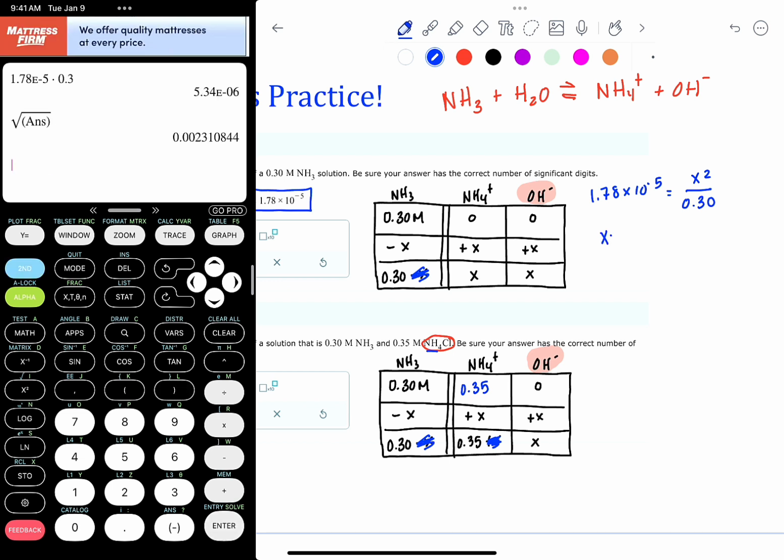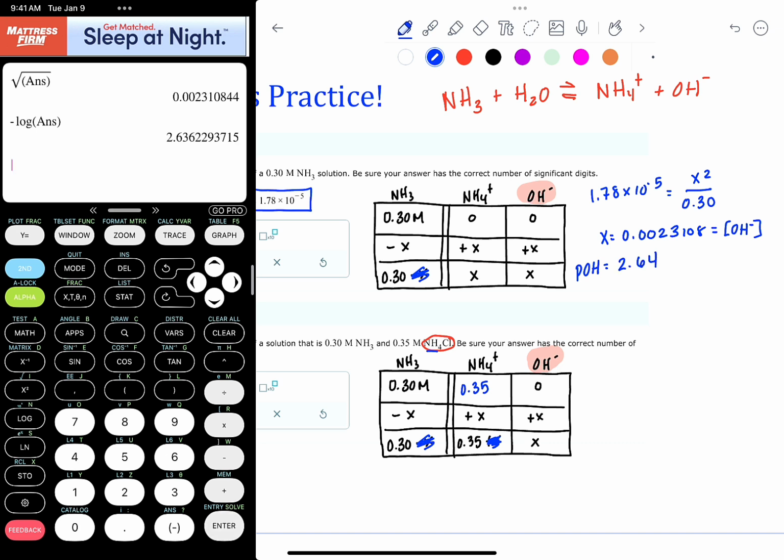We get an x equal to 0.0023108, which we can use as our OH minus concentration to solve for pOH. pOH is equal to the negative log of that value. So our pOH is 2.64, meaning our pH is 14 minus our pOH. So we do 14 minus that value to get a pH of 11.4.